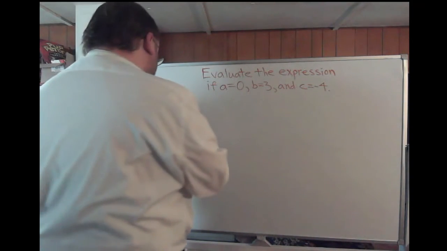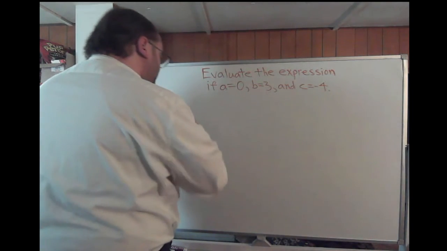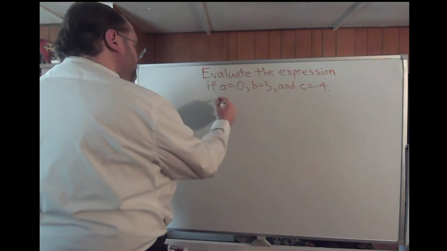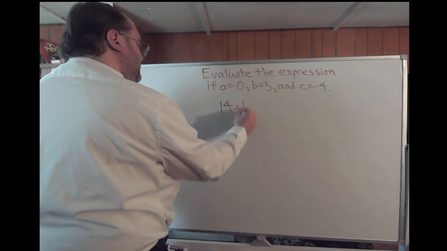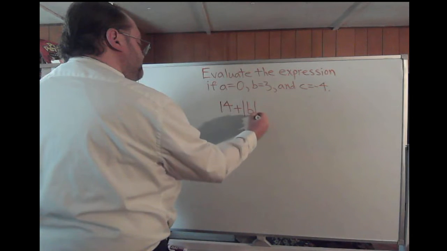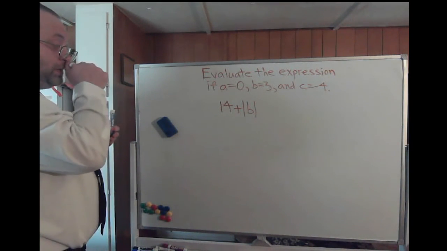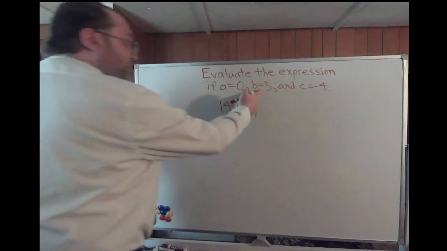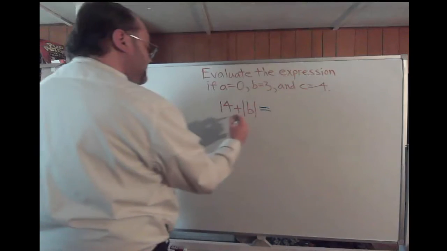So the first one here is 14 plus the absolute value of b. Well, we see b equals 3. You're going to take that 3, stick it in where b is.